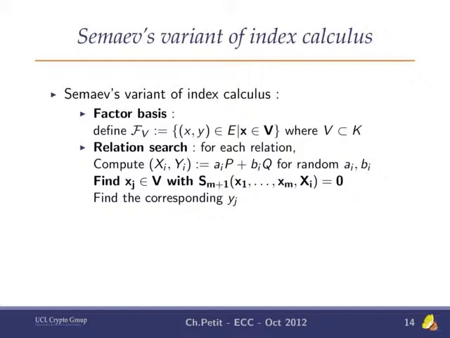For each i, you generate random a_i and b_i just as before. You compute a_i P + b_i Q, and then you want to decompose this point into a sum of points in the factor basis.